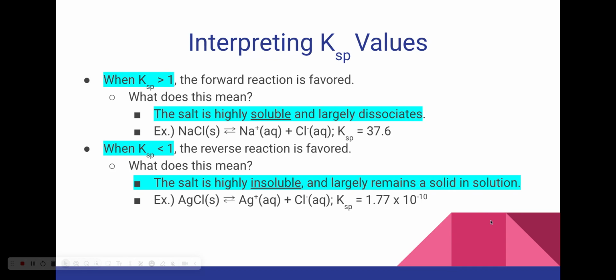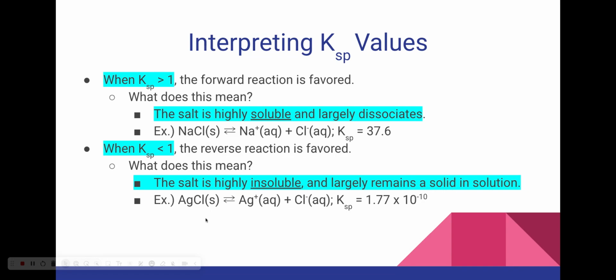It has a KSP of 1.77 times 10 to the negative 10th. And as you guys can see there, it has such a small KSP that the reverse side of this reaction is going to be favored. And well, what's the reverse? The insoluble salt. Okay, back from our solubility rules.